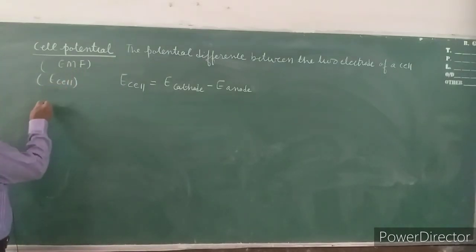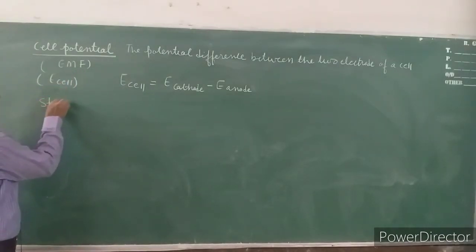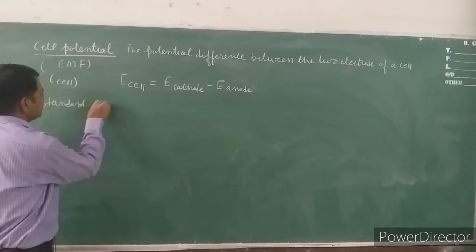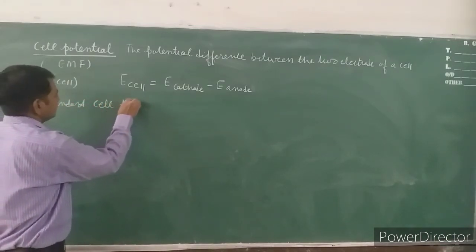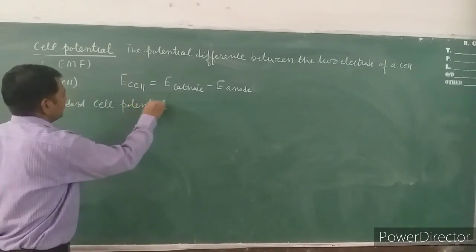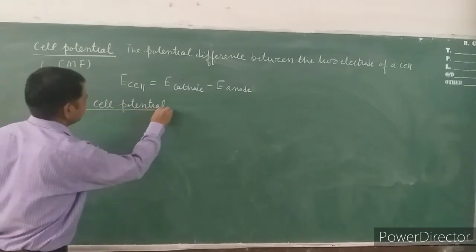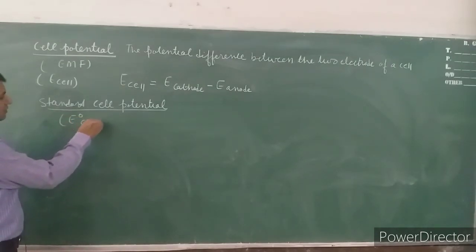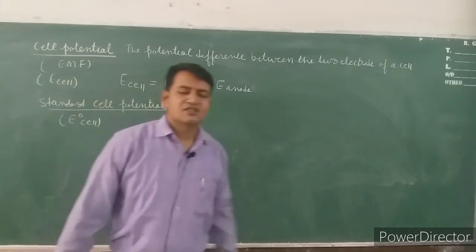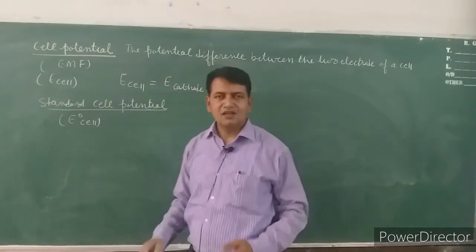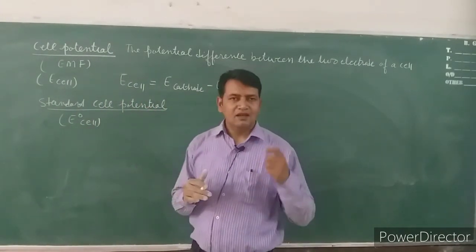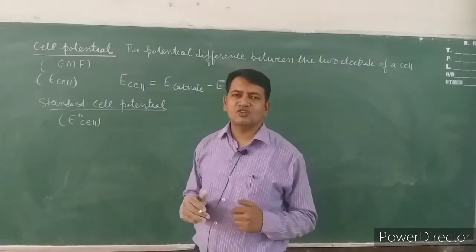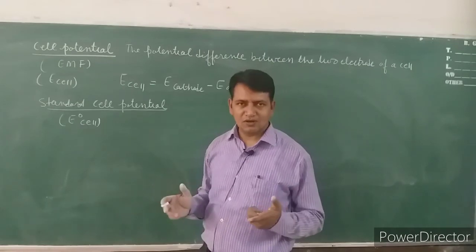Now the same thing when we apply for standard condition, standard cell potential. The symbol of standard cell potential is E standard cell, and the meaning is the same as standard electrode potential: the cell potential determined when the temperature is 298 Kelvin, pressure is 1 bar and the concentration of electrolytic solution is 1 molar.